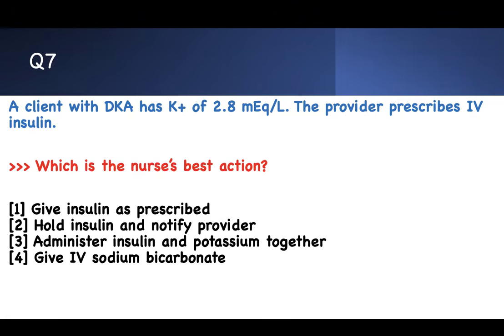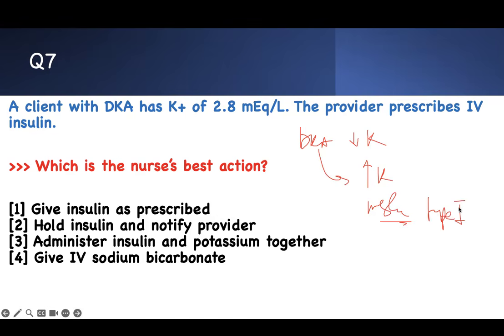Give IV sodium bicarbonate. Something should tell you there's no patient who has DKA that comes in with what? Low potassium. In a DKA patient, potassium is always high because of what? Because of lack of insulin, because it happens in type 1 patients.